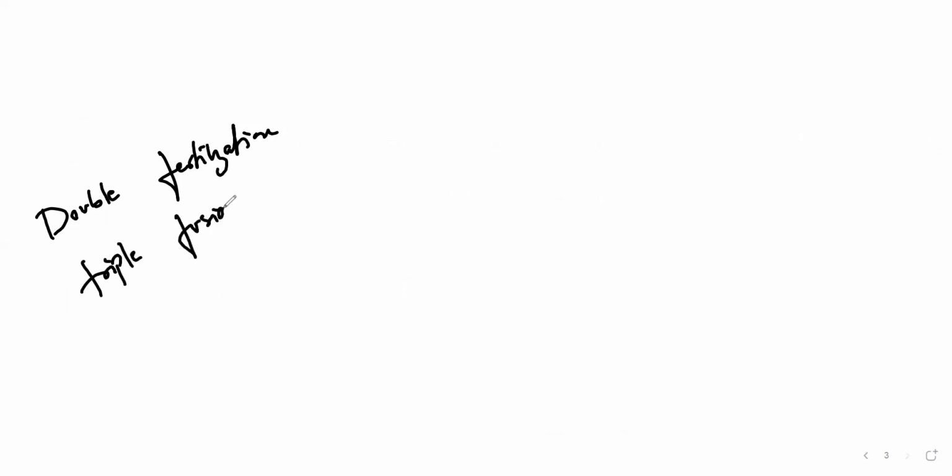Double fertilization is because the two male gametes fuse to different things. One fuses to the egg to form the zygote, and another fuses to the polar nuclei so that it can form an endosperm. Already two nuclei are present in the polar nuclei. So 2 plus 1 nucleus of the male is equal to 3. Hence this is called triple fusion.